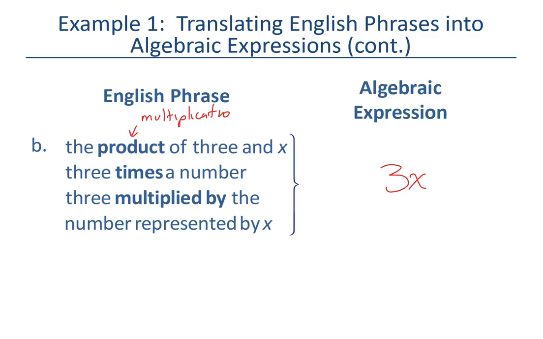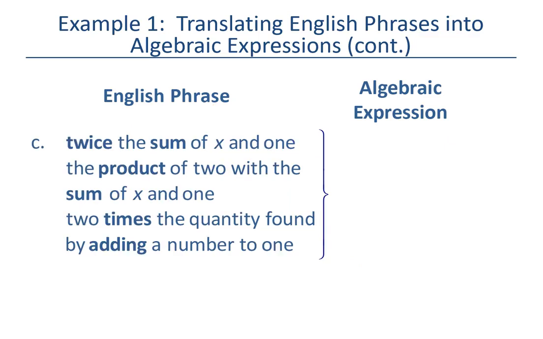Let's continue on here. Twice the sum of x and 1. Read it very carefully. It's saying twice. Twice usually denotes multiplication, because it's saying 2 times. Twice what? Twice the sum. The sum of what?